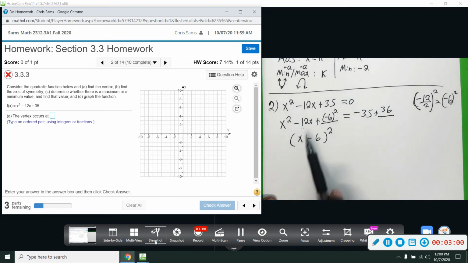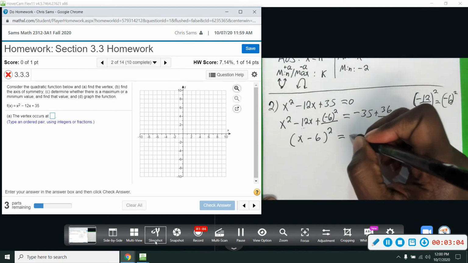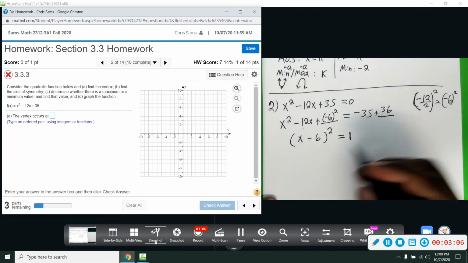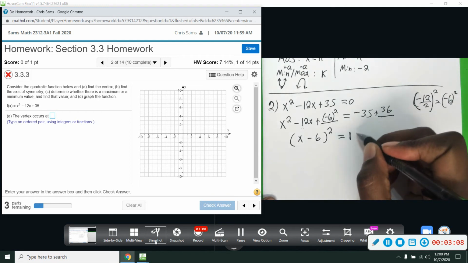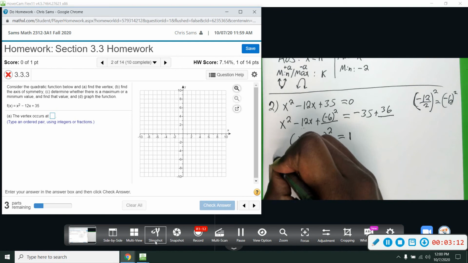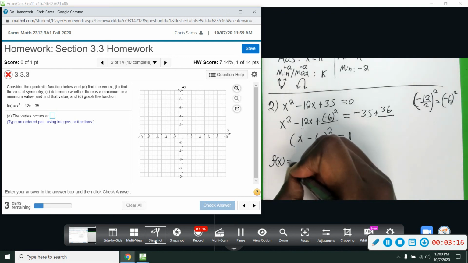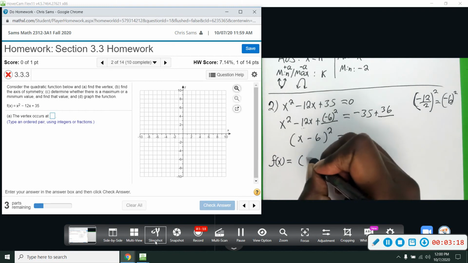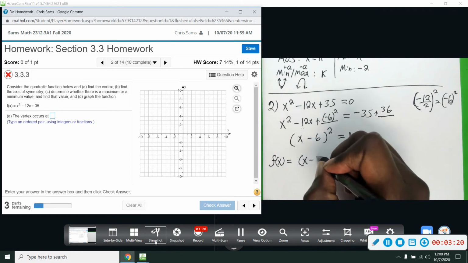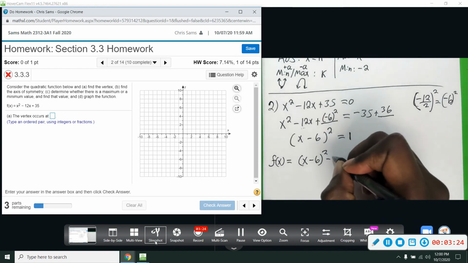So this is just a shortcut to factoring. And then it is equal to 1. And then lastly, we're going to move that 1 back over. So we're going to subtract 1. So your function in vertex form is going to be x minus 6 squared minus 1.